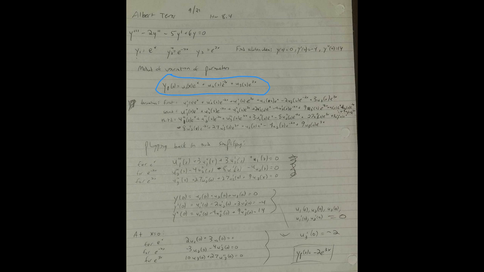Once I solved the system of linear equations on the side, u1, u2, u3, u1 prime, and u2 prime all came out to 0, and u3 prime came to minus 2.